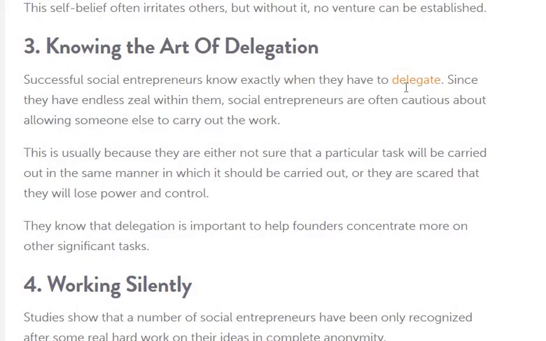Since they have endless zeal within them, social entrepreneurs are often cautious about allowing someone else to carry out the work. This is usually because they are either not sure that a particular task will be carried out in the same manner in which it should be carried out, or they are scared that they will lose power and control.